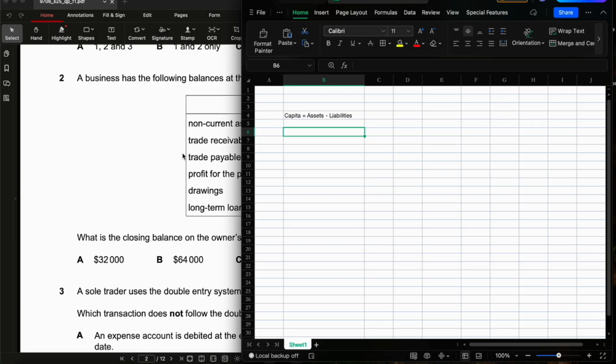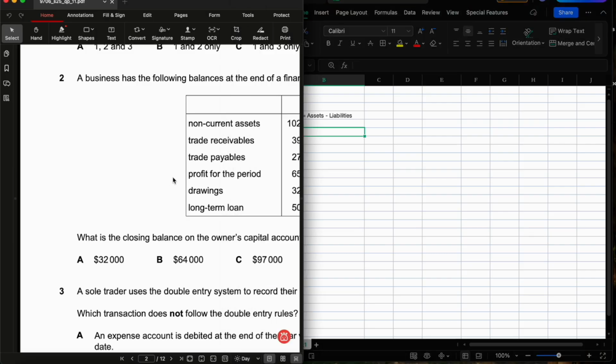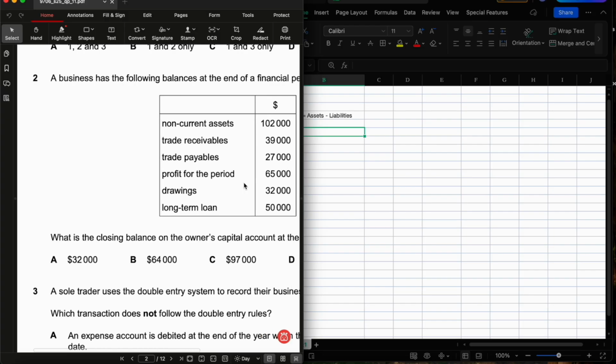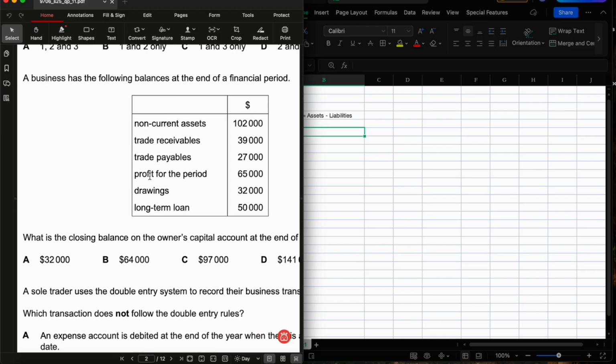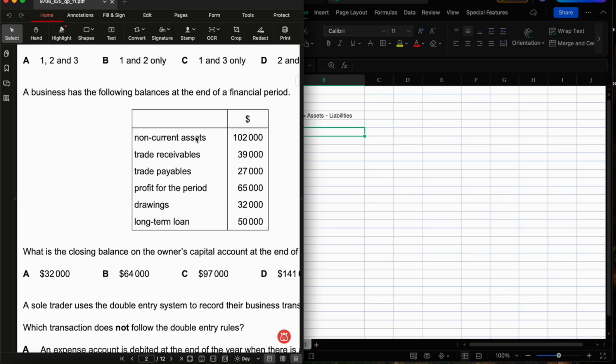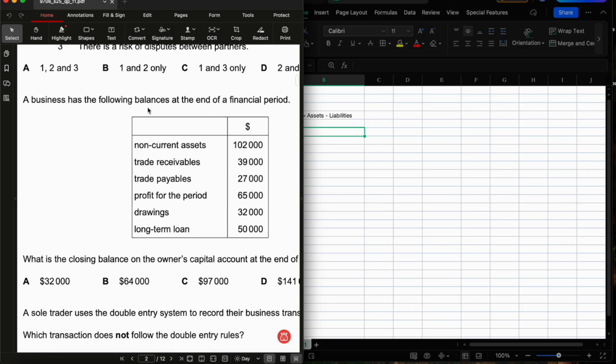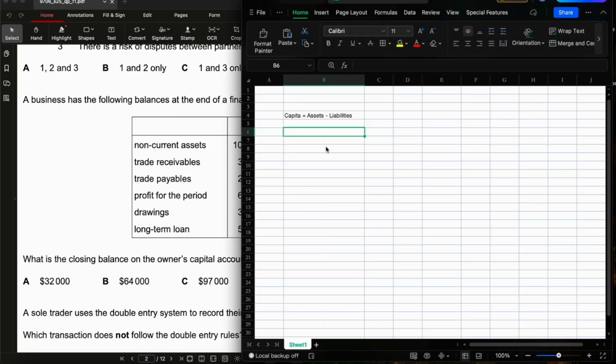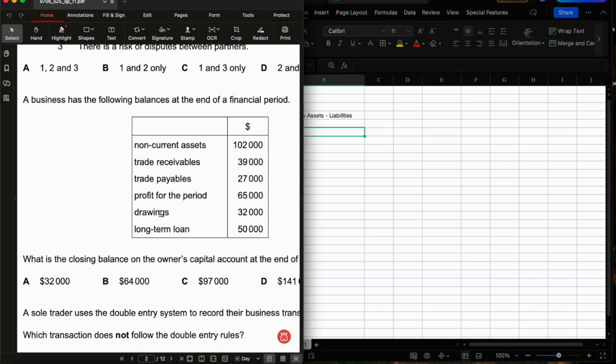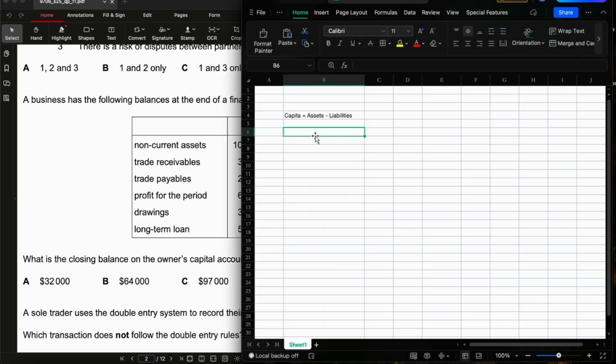And once we get the capital of the beginning of the year, to find out the capital at the end of the year, we need to do adjustment for profit and drawings. But in this question, they mentioned that these are the balances at the end of the year. That means when we subtract liabilities from assets, the amount that we get is the closing capital account. That means we don't need to do anything with the profit or the drawings here. Okay. So this is the closing capital balance we have.